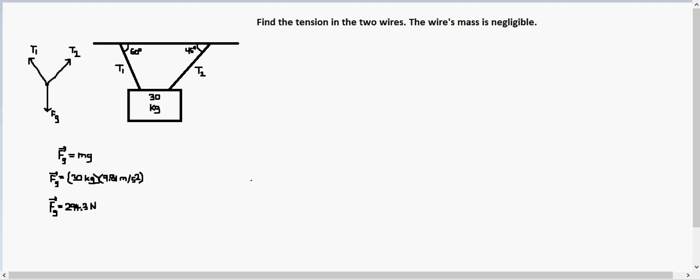Alright, so now what do we do? Well, we know the force of gravity, so let's start with the y direction. Take the y components of these tension forces.